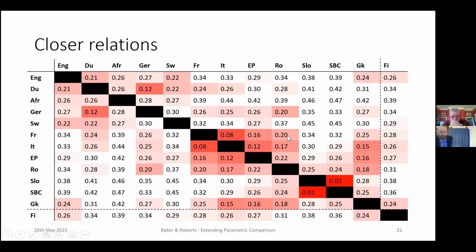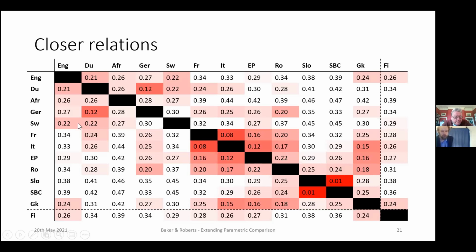We also see a pretty close group of distances between the Romance languages. All of these, apart from Romanian Portuguese, are under 0.2, and even Romanian Portuguese is only 0.22, so not particularly high.